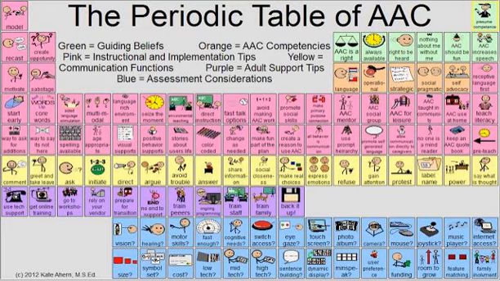I know we referenced Bondy and Frost earlier, so it's Andy Bondy and Lori Frost who developed the PECS system, and they've had various different manuals produced, but one of the main ones was in 2001, where they really outline everything, and they also reference in there that if you're working with individuals with ASD, a good place to start with your communication system is with requesting, because that has a really nice built-in reinforcer.